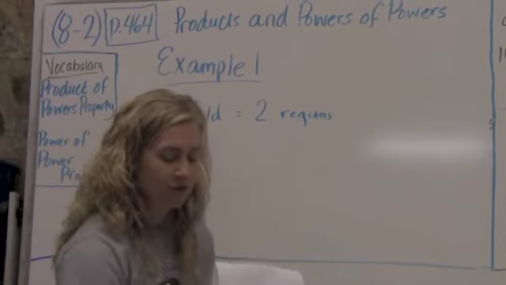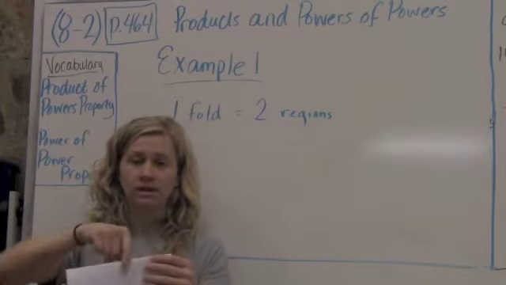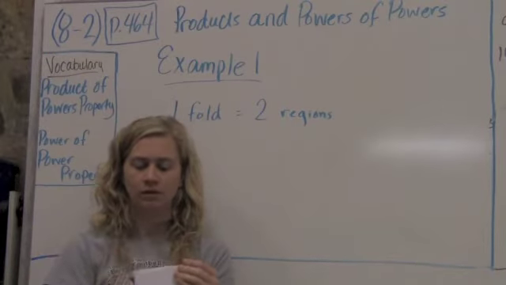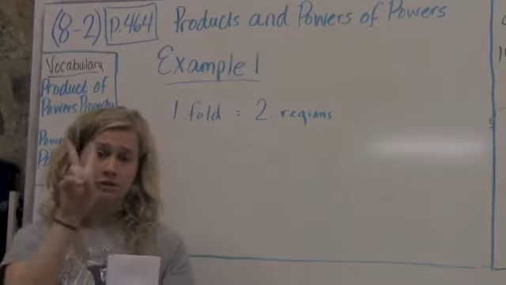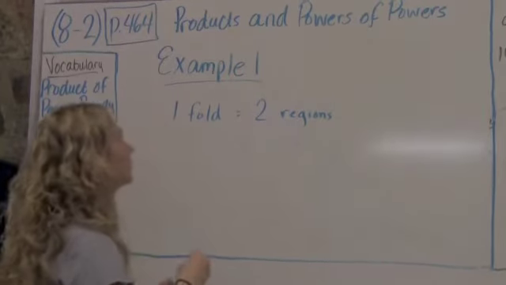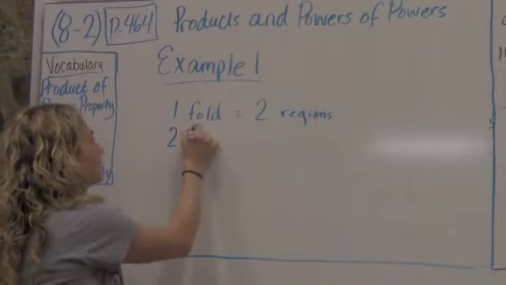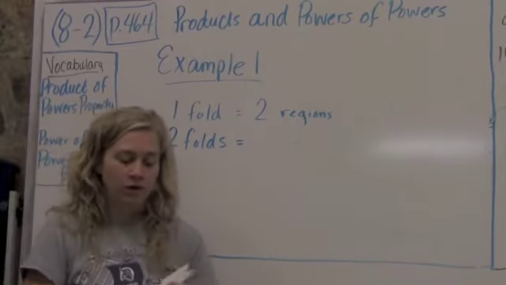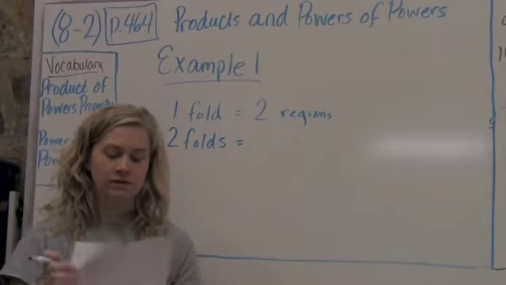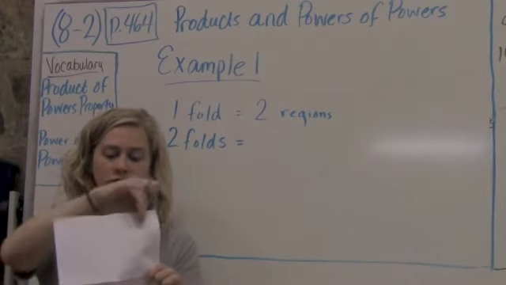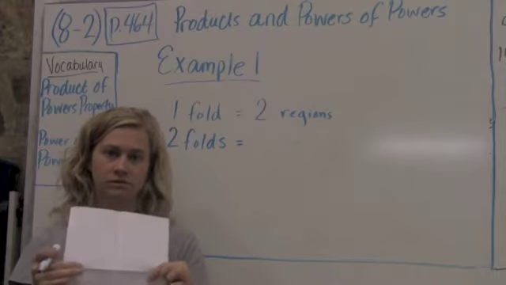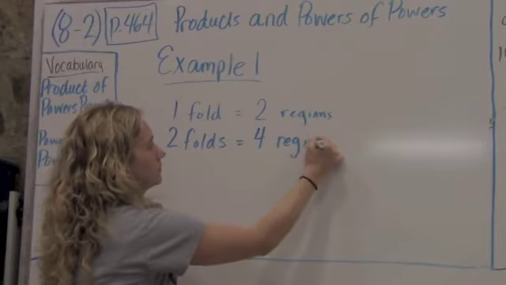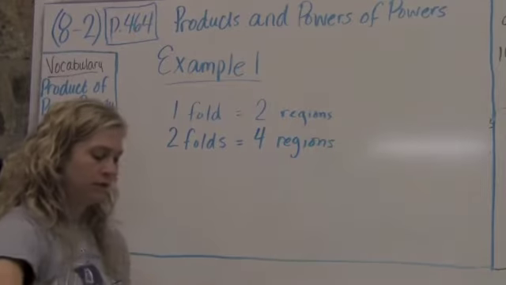Okay, if you fold the opposite direction one time, like so, you've now folded 2 folds. But when you open up, you can see that you have 1, 2, 3, 4 regions. So 2 folds gives you 4 regions. Okay.